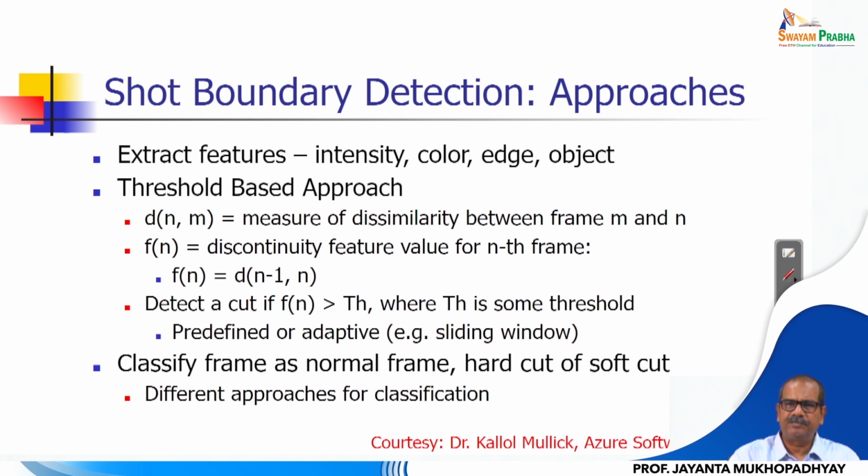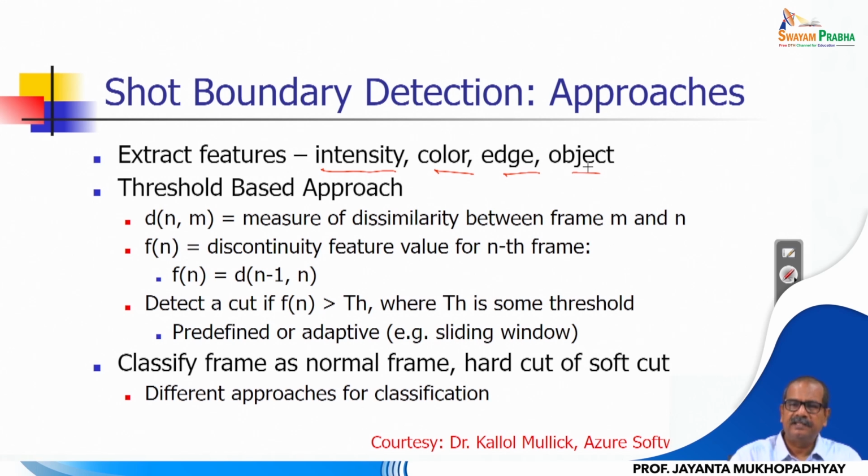Again, some description of the frame should be there. There could be different types of descriptions, like intensity, color, edge, or object, through which you can describe a frame. Then there is a certain measure by which you characterize this information of a frame, and you distinguish this frame by that information.